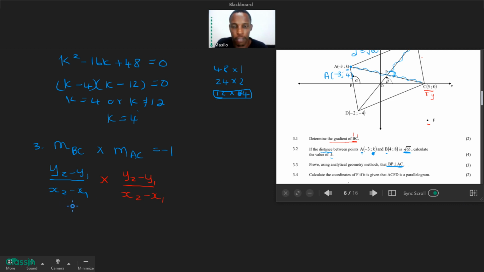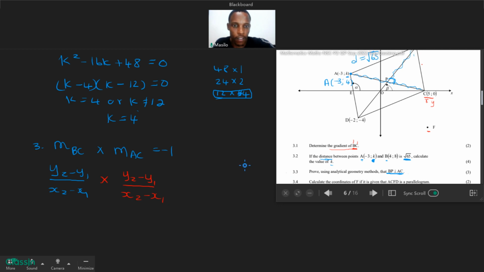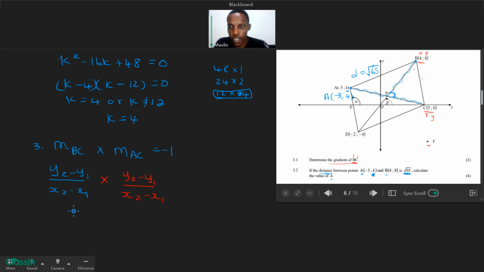So for line PB, it means that we have our Y is 8 minus -4 divided by 4 minus -2, multiplied by, then this side, AC, which is 0 minus 4 over 5 minus -3.